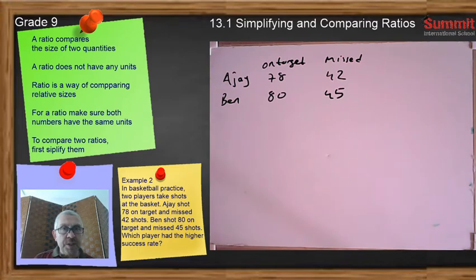Now the question is this one: which player had the higher success rate? For finding this one, we need to find the percentage of the shots. Okay, let's evaluate this one.